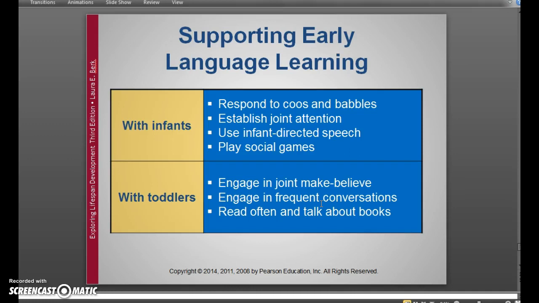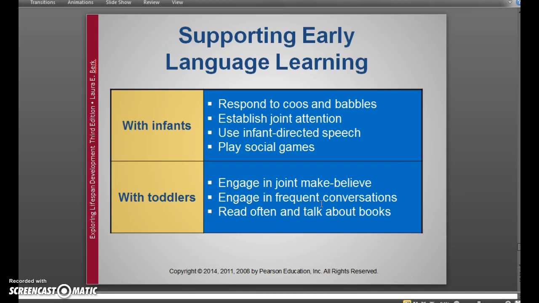So how do we support early language learning? With an infant, we want to respond to coos and babbles. We want to establish joint attention. We want to use infant-directed speech and play social games. With toddlers, it is fun, but we want to engage in joint make-believe. Engage in frequent conversations.